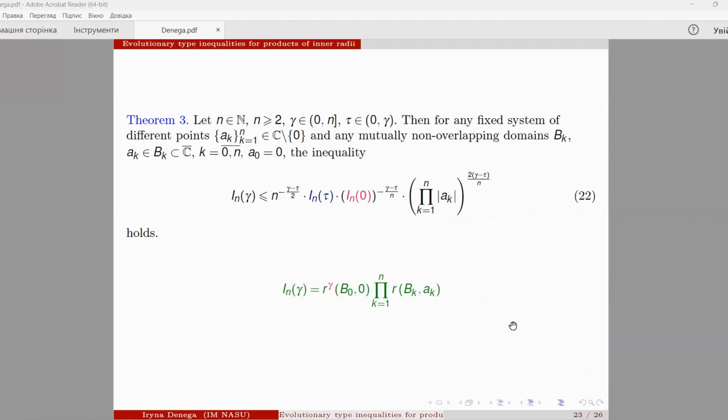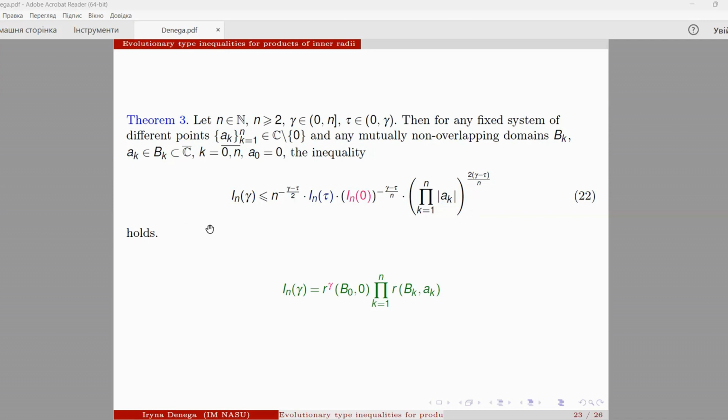Then for any fixed system of different points of the complex plane and any mutually non-overlapping domains B_k, points a_k from domains B_k, k from 0 to n, and a_0 equals 0, the inequality holds: I_n of gamma is less than or equals n to the minus (gamma minus tau) over 2 times I_n of tau times I_n of 0 to the minus (gamma minus tau) over n times the product of modules of points a_k to the 2 times (gamma minus tau) over n.